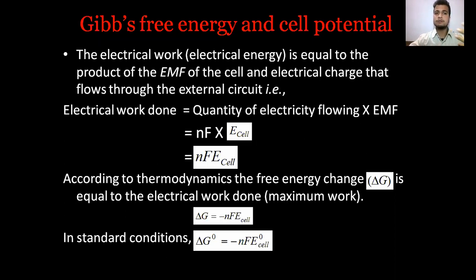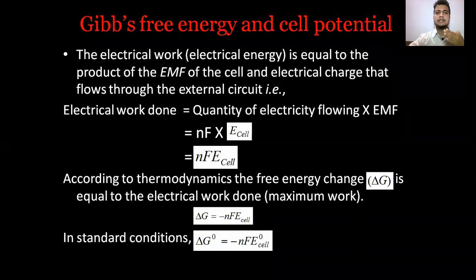When Gibbs free energy decreases, when you use that energy, only then can you produce electrical energy. So some amount of energy has to be used, then only another form of energy can be produced. Some energy has to decrease, then the other energy will increase.